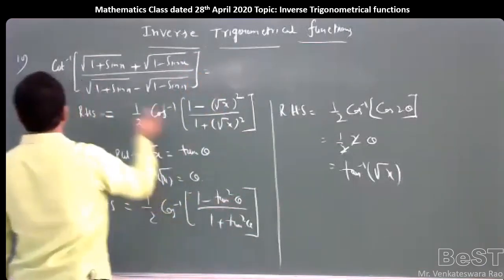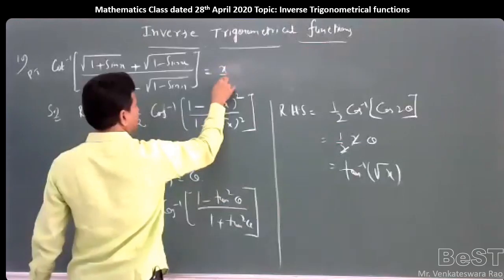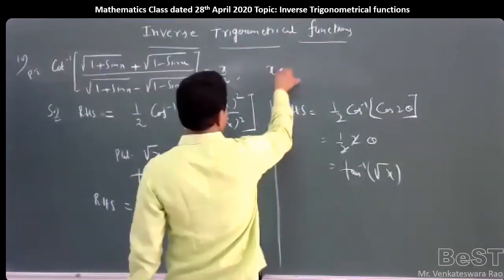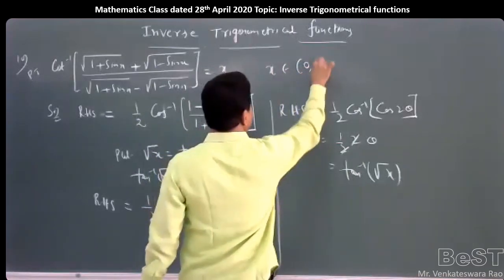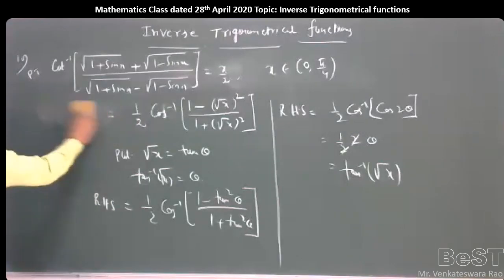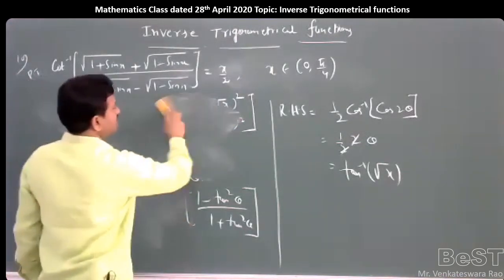Prove that it is x by 2, where x belongs to 0 to pi by 4. Important problem for JEE Mains.